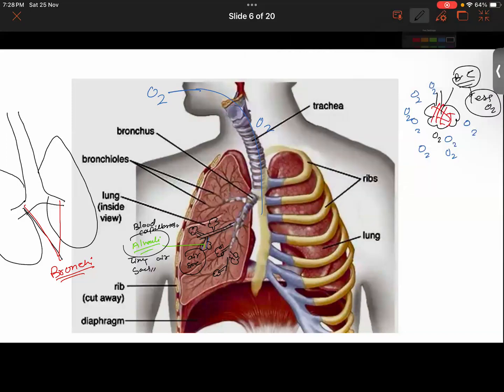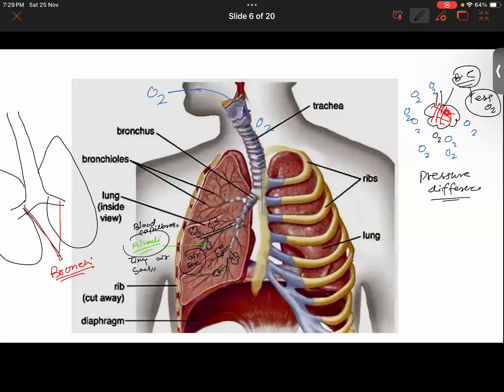Yes, sir. So there is a pressure difference now. There is oxygen present in the alveoli, but in a very small amount right now. It might be from the previous inhalation.